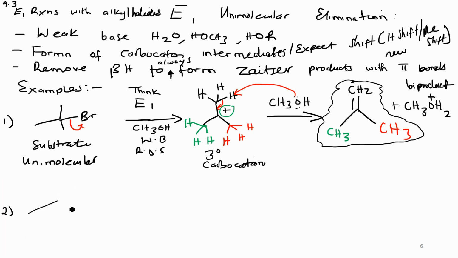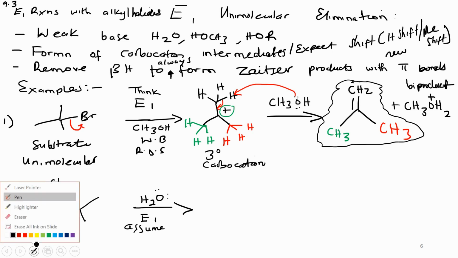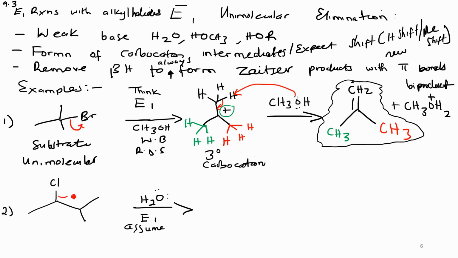So now let's see, what about this substrate? Assuming we are going E1 this time, our weak base is going to be water. So our assumption is E1. Again, the base does not take part in the first step.